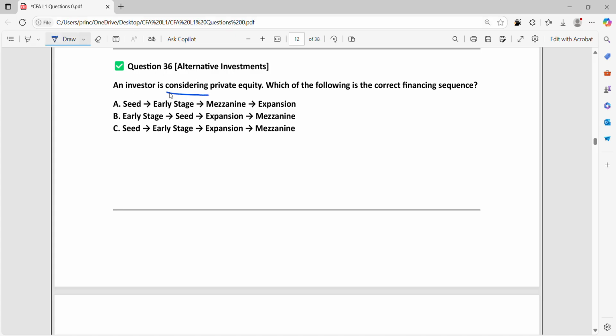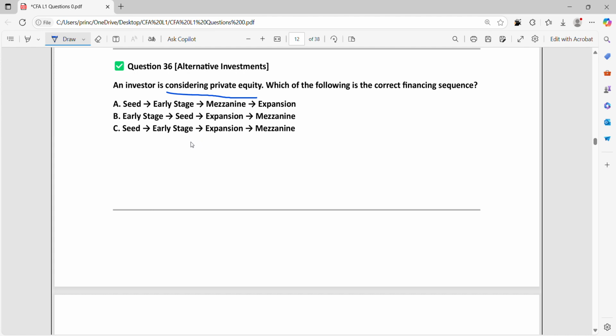An investor is considering private equity. Which of the following is the correct financing sequence? Okay, so in this we are going to take an example. Imagine you are going to open a new restaurant. So you need money. In that case, you are not going to raise all the funds in one go.